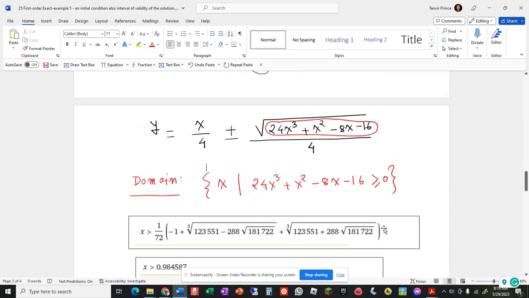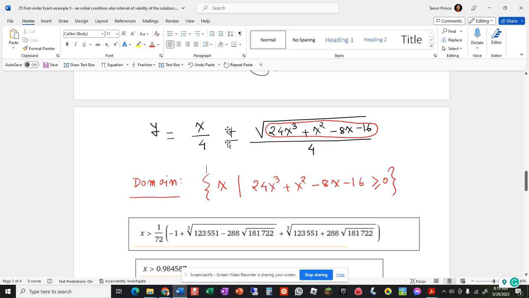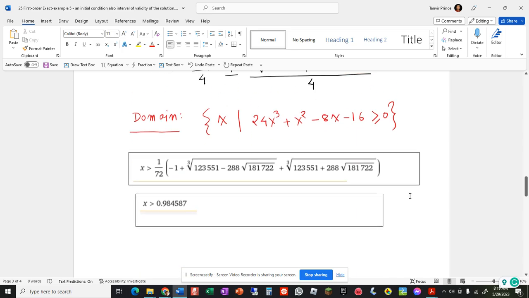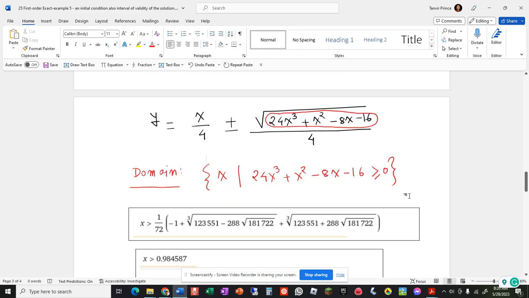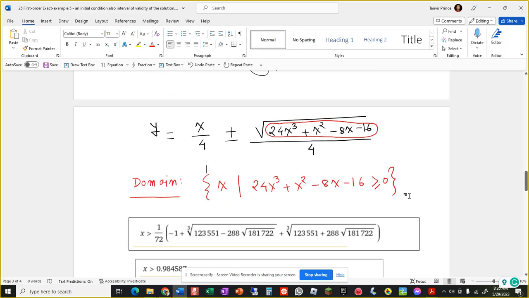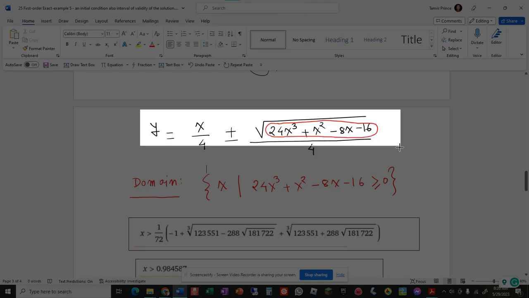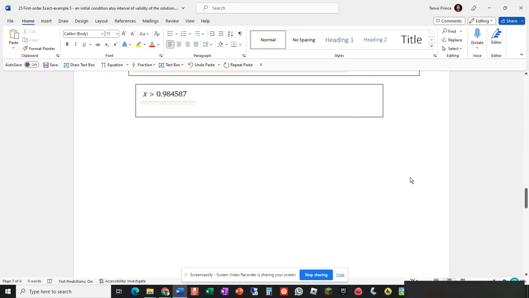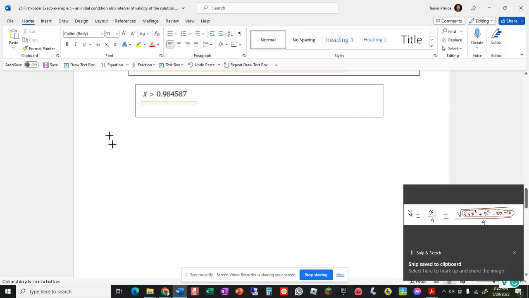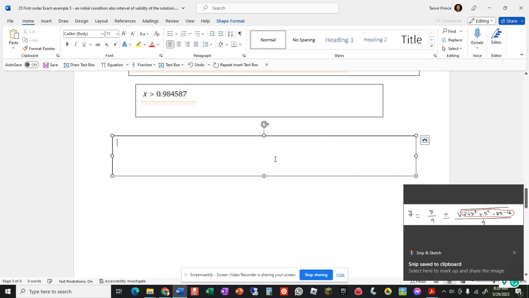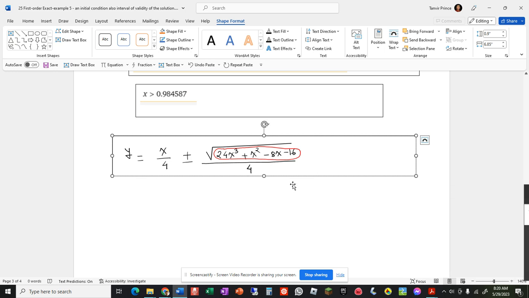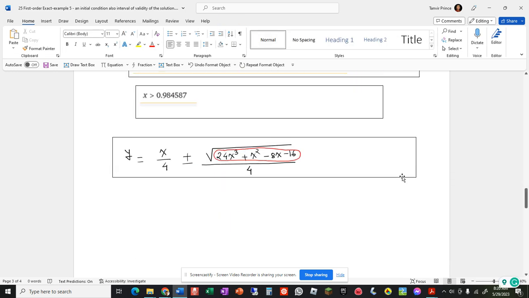Now let's go back to this question. Which one should I take, plus or minus? So let's look at that. I'm going to write both of them. So let me copy that here. Okay. So I have two possibilities for the y, right?